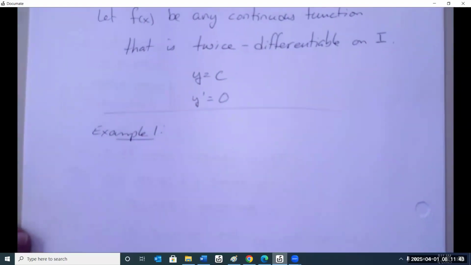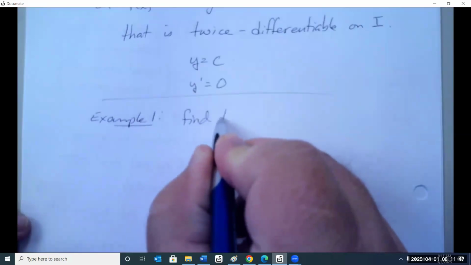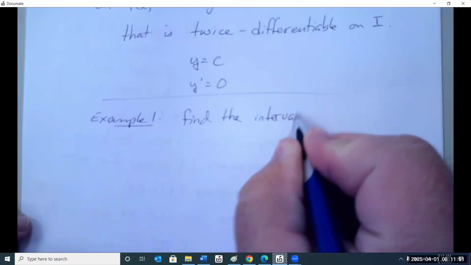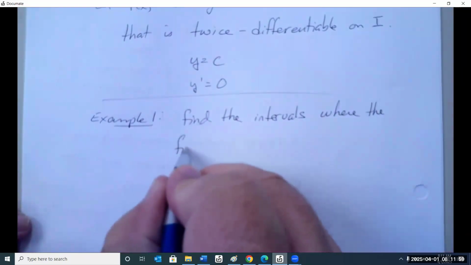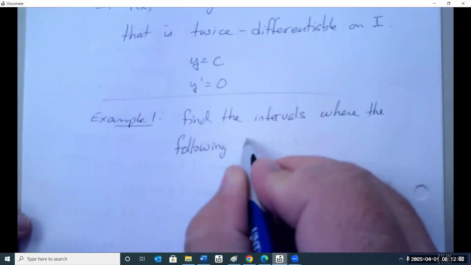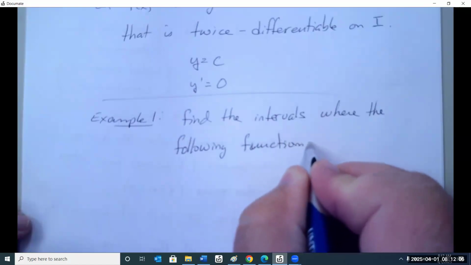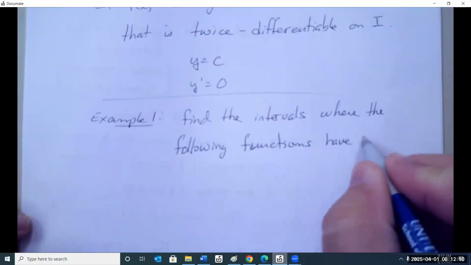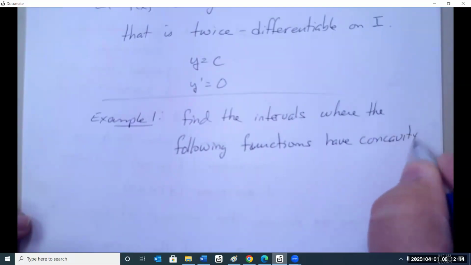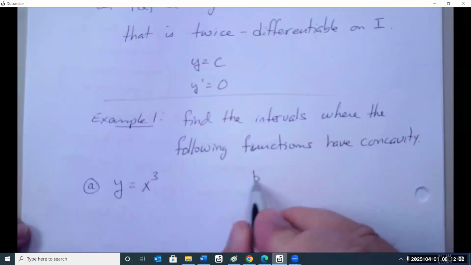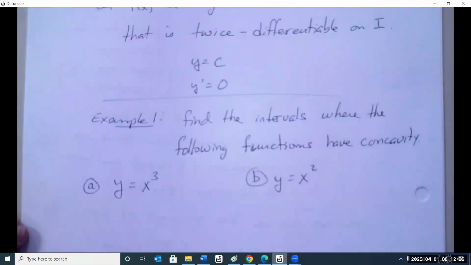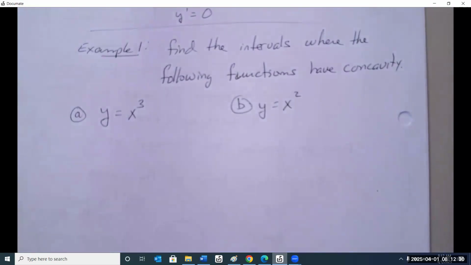Example 1. Find the intervals where the following functions have concavity.